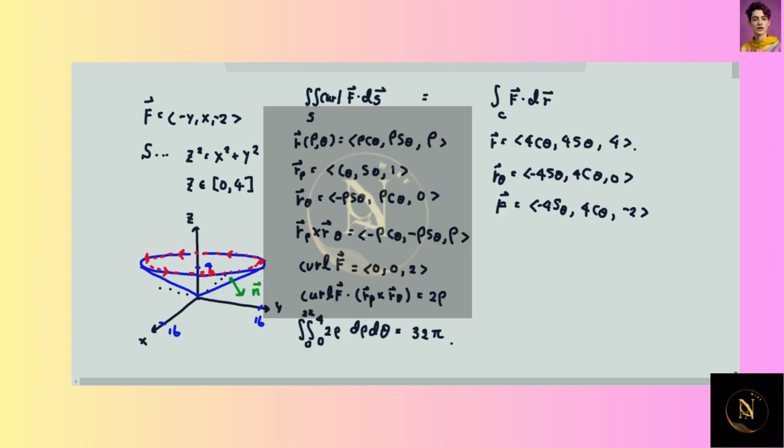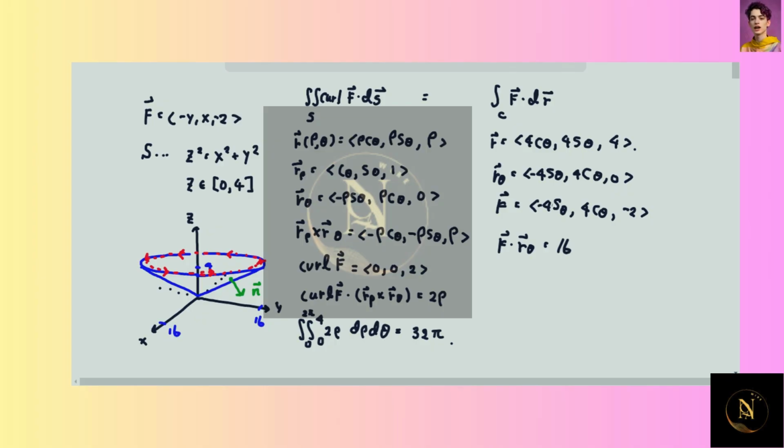Okay. And F dot r prime is equal to 16 because as you can see, you will have 4 squared sine squared theta plus 4 squared cosine squared theta, so this is simply 4 squared.